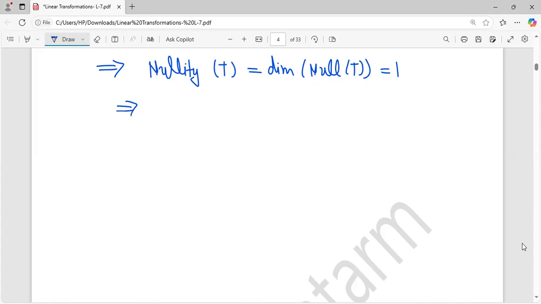This implies nullity of T is equal to 1.